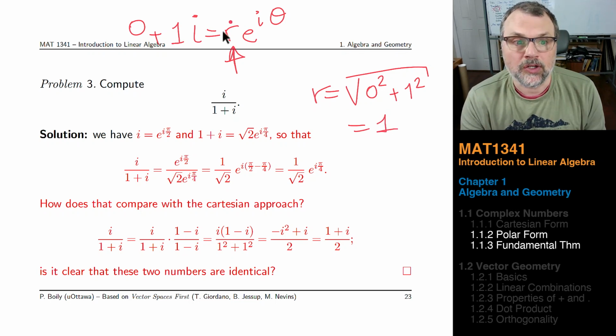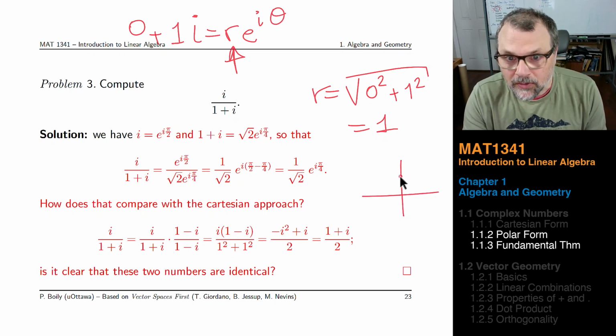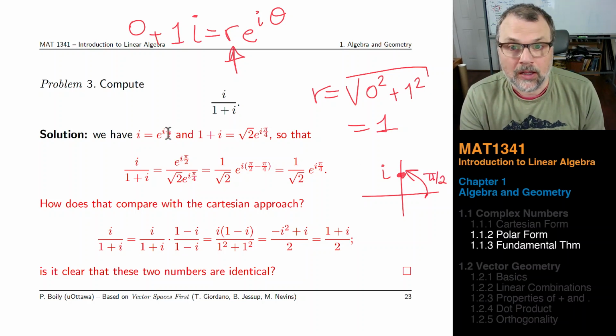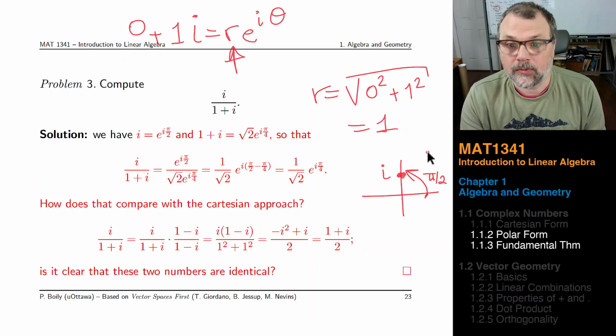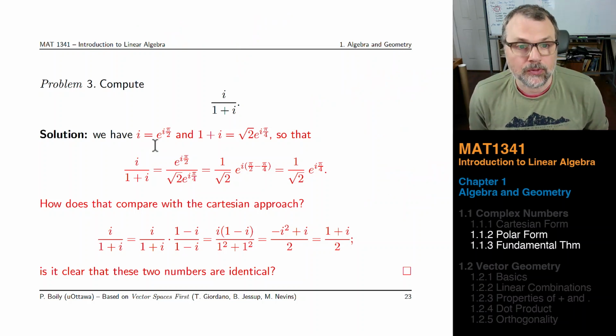So the modulus is 1. What about the theta? Well, we need to find the angle that corresponds to i. I can go here and say, well, this is where i would be, the point i. And what's my angle? I start from here and I go all the way to i, and that's an angle of pi over 2. So my theta would be pi over 2. So this number i is in fact e to the i pi over 2.